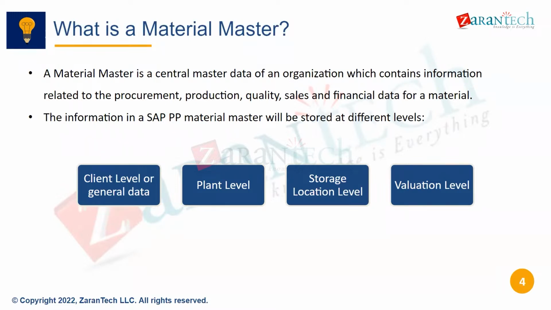So that is what we are talking about, the client level. The basic data view is at the client level. What does that mean? It is irrespective of whichever plant, because one material can be maintained for multiple plants, multiple sales organizations, divisions, and distribution channels. Client level data is not relevant to any particular organization. Those are basic data 1 and basic data 2.